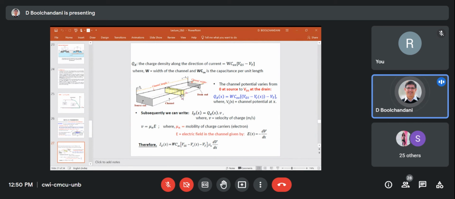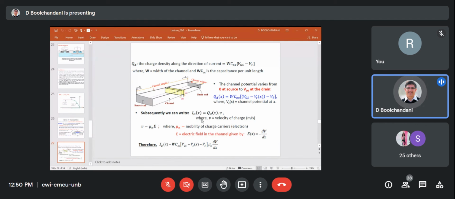In this channel, the potential varies from 0 at the source to VDS at the drain. So the charge density in the channel region is W COX (VGS minus VC(x) minus VT), where VC(x) is the channel potential at x.